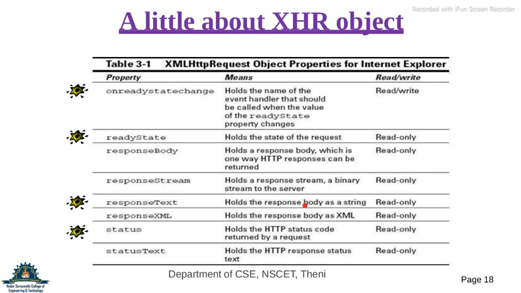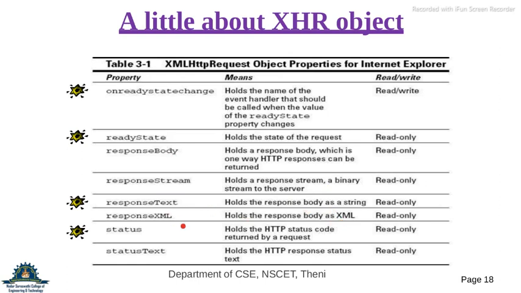If you are responding with HTTP responses like HTML, XML, or JSP, you should use responseBody. If you are sending binary content, it is responseStream. If you are sending a string, it is responseText. Or if you are responding particularly with XML, it should be responseXML.